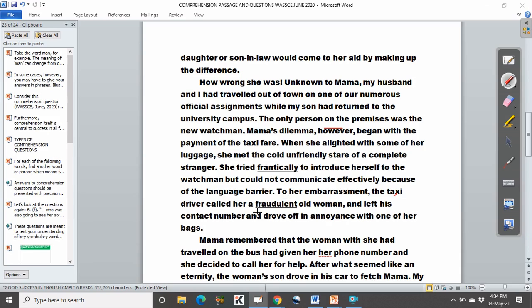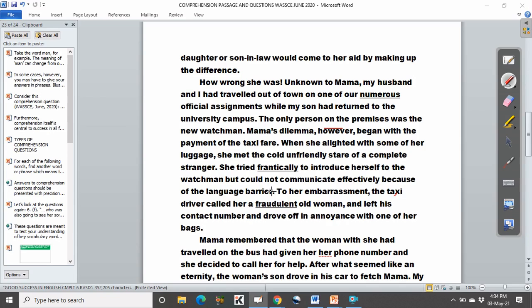The next underlined word here is fraudulent. Let's look at the sentence. The taxi driver called her a fraudulent old woman. From the word fraud, you have fraudulent. So again, you need to have a large active vocabulary.